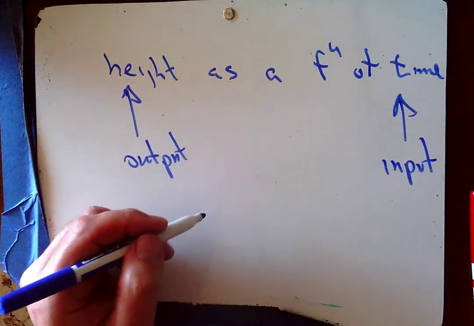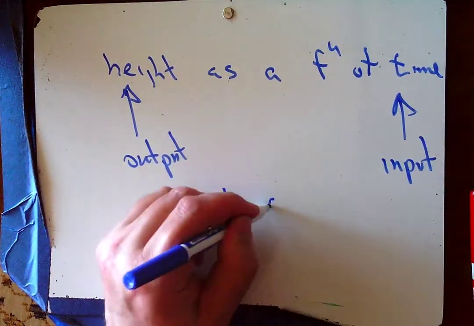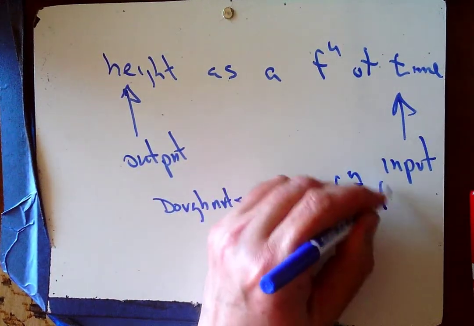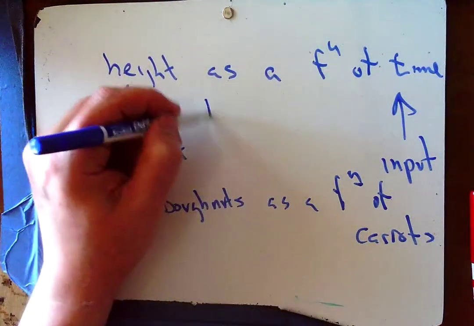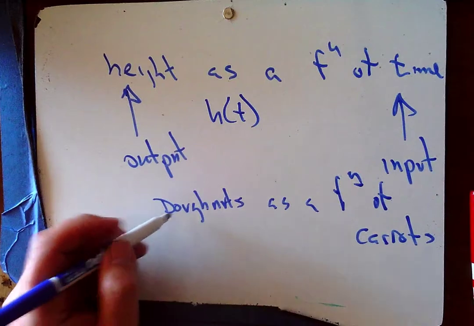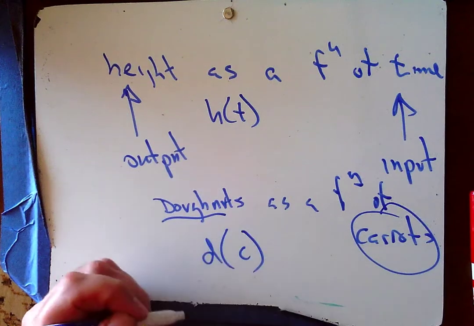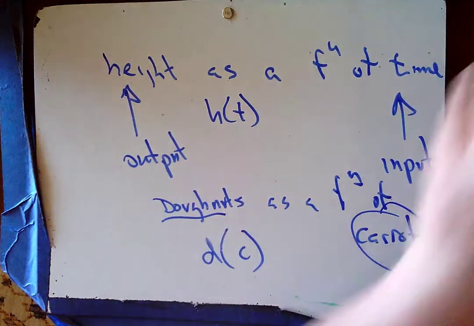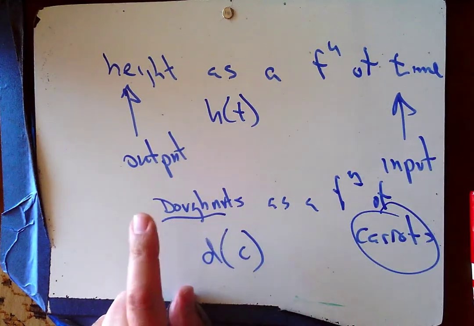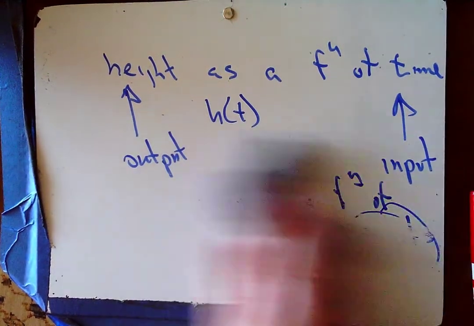Because if I have something like donuts as a function of carrots, that's a little less obvious that, oh, I'm talking about h of t here. No, first word is my output. It depends on carrots, so I want donuts as a function of carrots. Okay? So when in doubt, use your language skills to know that this word is the output, the dependent variable, and this word is the input, the independent variable.